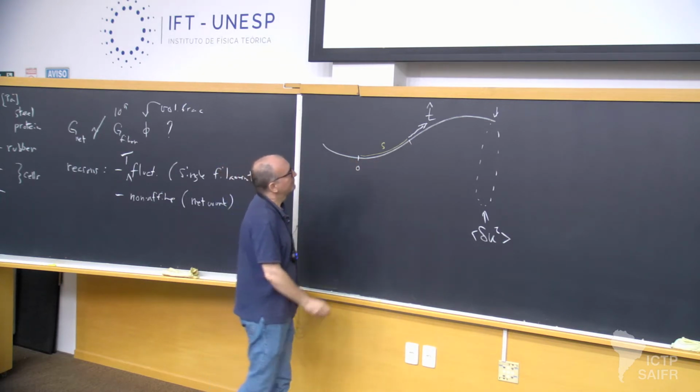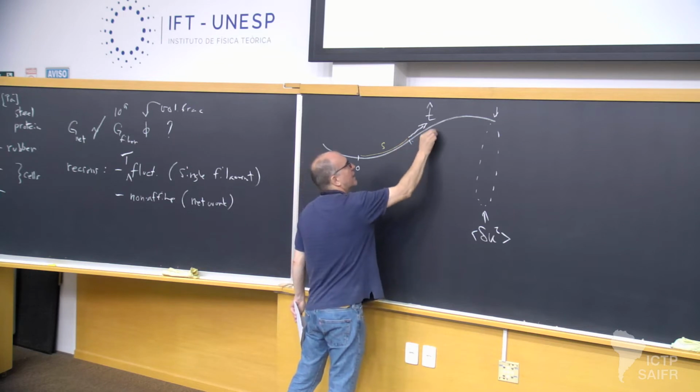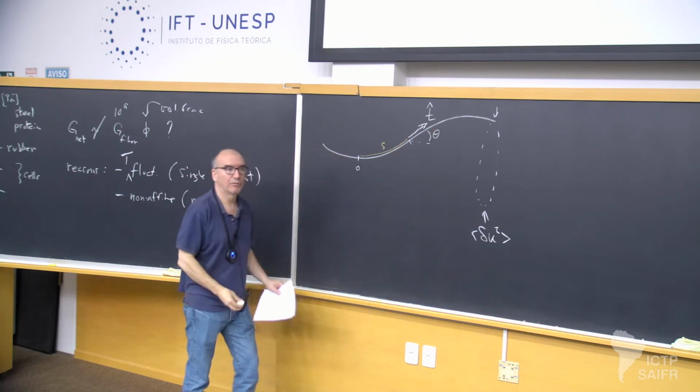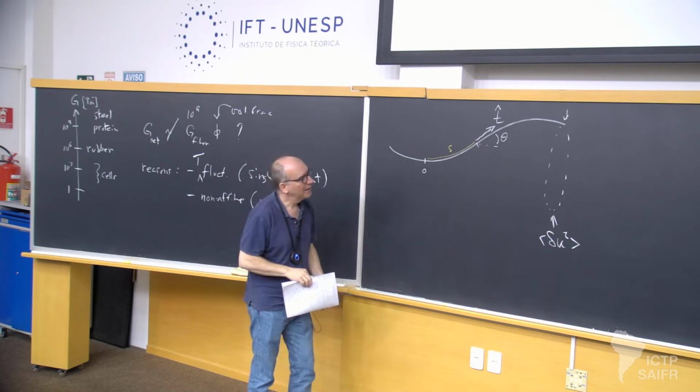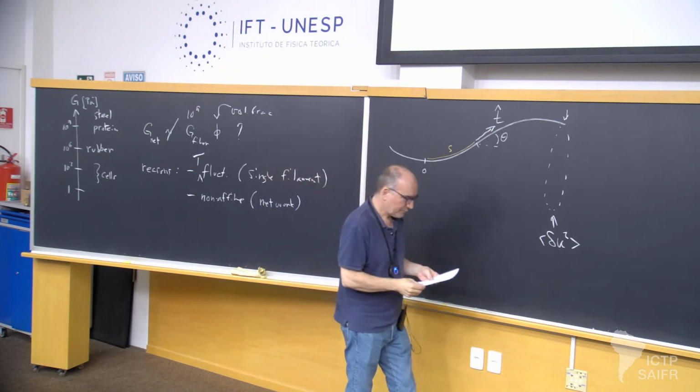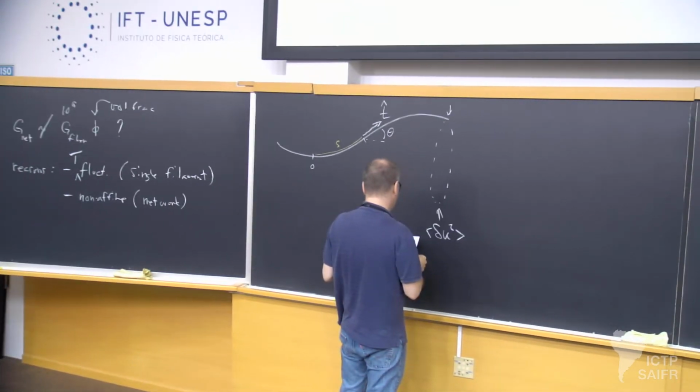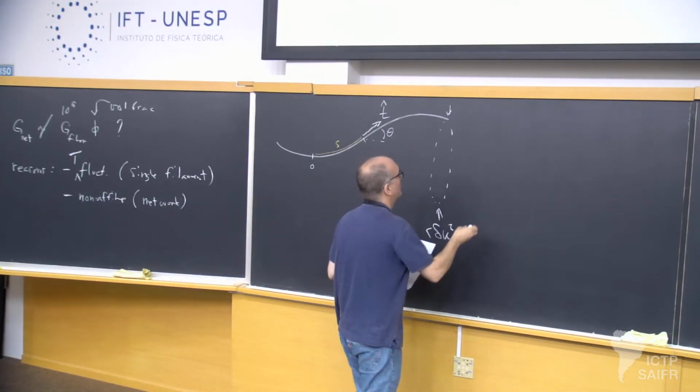I can also characterize the shape by some angle it makes relative to, let's say, some initial angle.